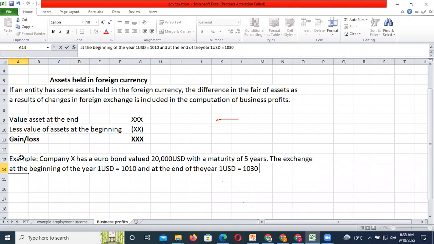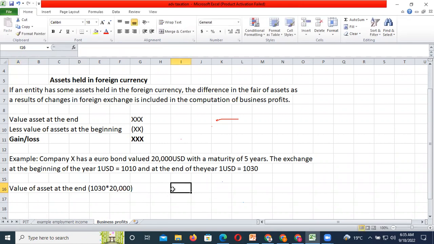This is a bond that is going to stay on your balance sheet for 5 years. So every year you will have to assess this value, looking at the exchange rate of this asset. What is the value of the asset at the end? It's going to be 1030 times 20,000, which gives us 1030 times 20.